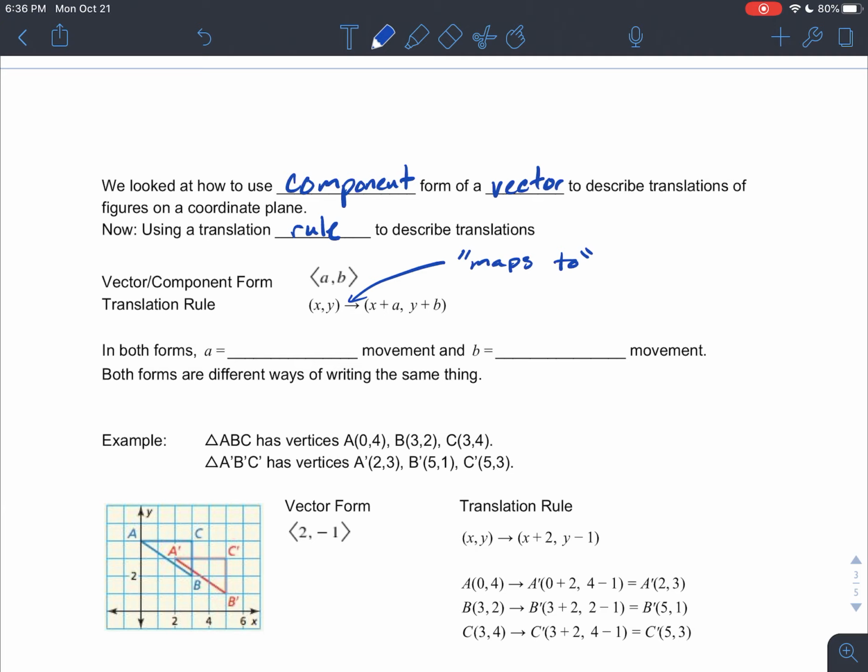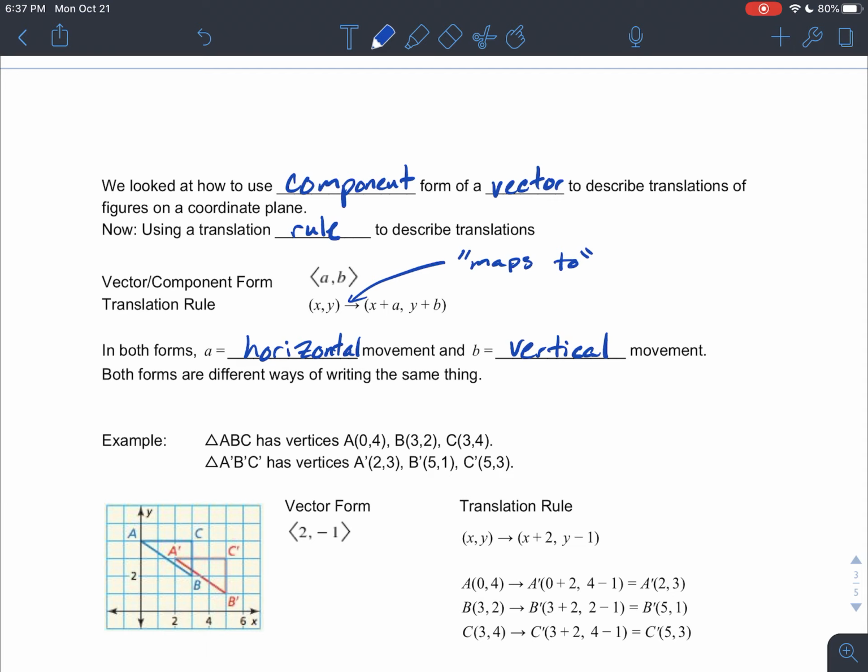So in both of these forms, vector notation and the translation rule, a is the horizontal movement, and b is the vertical movement. Both forms are just different ways of writing the same thing.